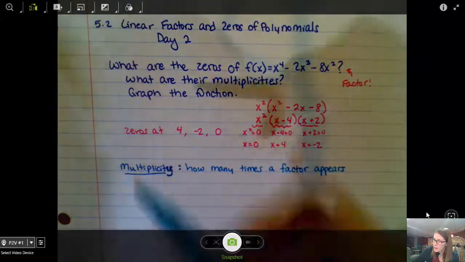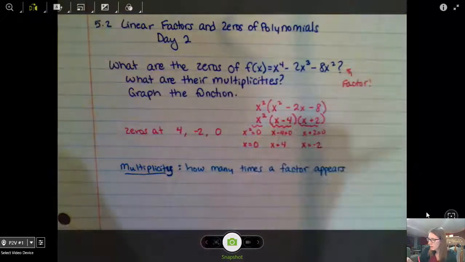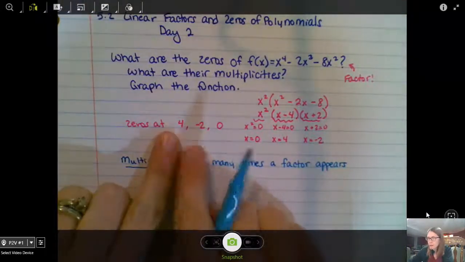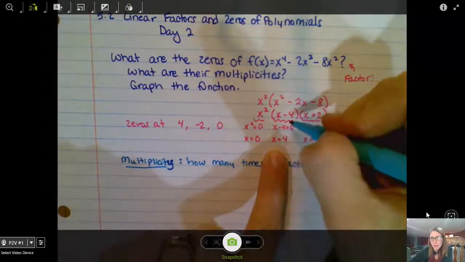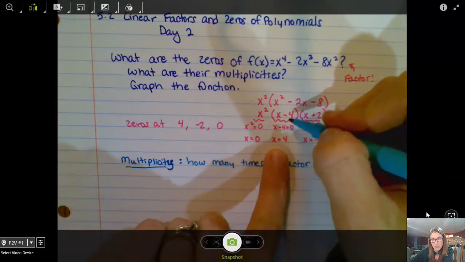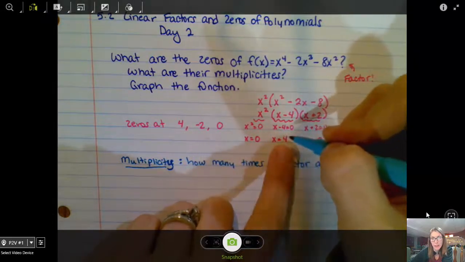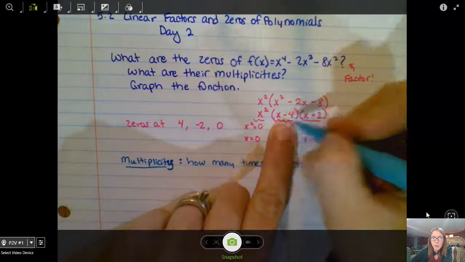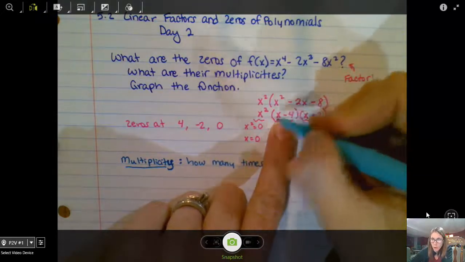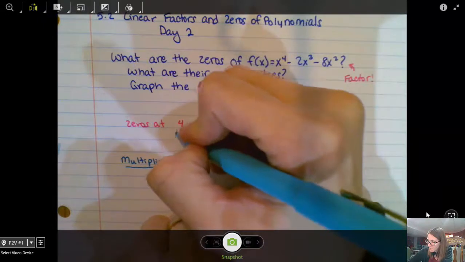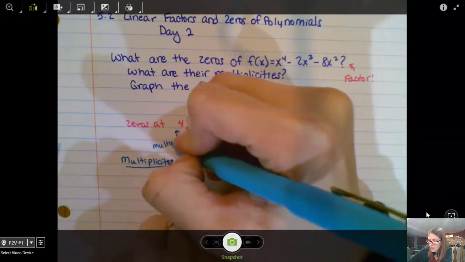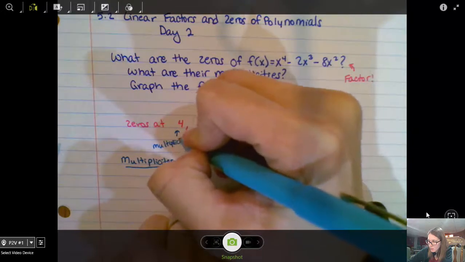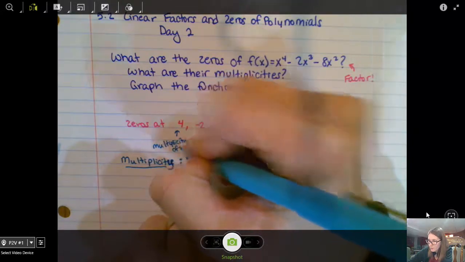So looking at our zeros here, we had a 0 at 4. And if I look at that factor, the factor of x minus 4, which gave me a 0 at 4, we only see x minus 4 once here, which means this 0 has a multiplicity of 1.